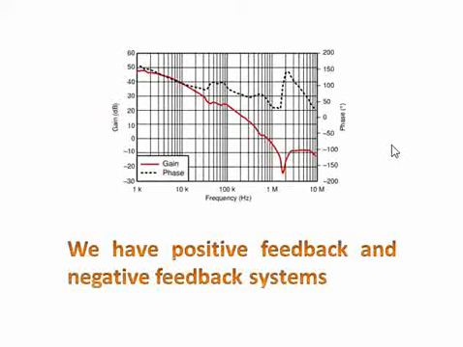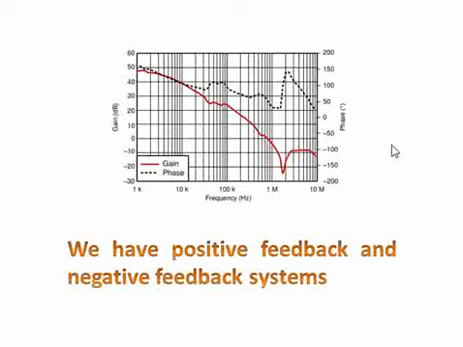If you have positive feedback, that means you're increasing the gain, producing something extra at the output. Whereas in negative feedback, we are controlling the gain such that the system is stable. So these two kinds of feedback are there.